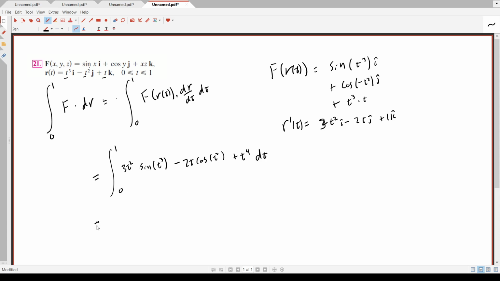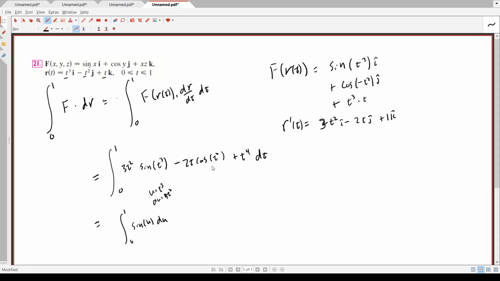Okay, so if I do this first integral, I set u equals t cubed. So du equals 3t squared. Here I can plug that in. This is du, so I just integrate. So that's from 0 to 1.